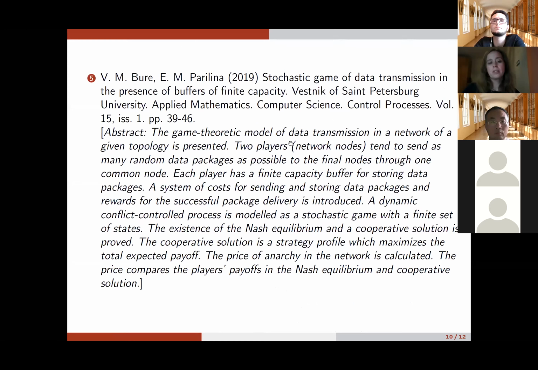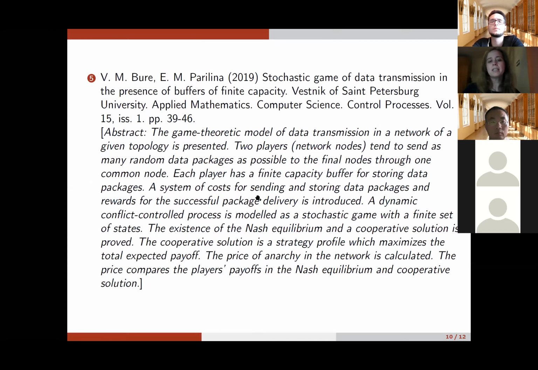We model the data transmission in a network with a given topology using the theory of stochastic games. We had two players, and they try to send as many random packages, which appear at these nodes, as possible to the final nodes through one common node. And this one common node gives us the conflict between players.